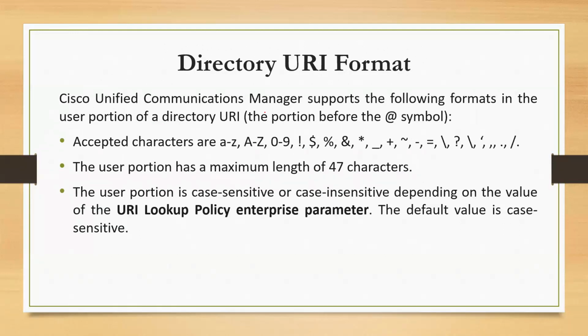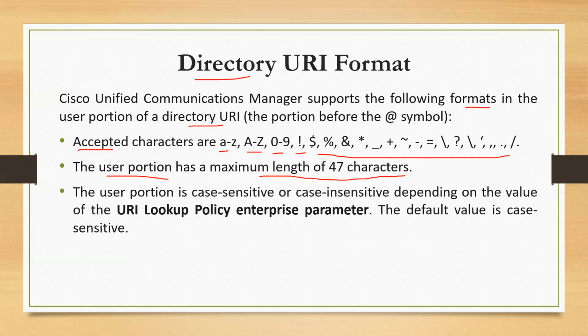For much more detail about the directory URI format, as you can see here, it supports the following formats in the user portion. Accepted characters are a to z in lowercase, A to Z in uppercase, 0 to 9, exclamation, and all these special characters. The limitation is that the user portion should have a maximum length of 47 characters. It can be less than that, but this is the maximum.